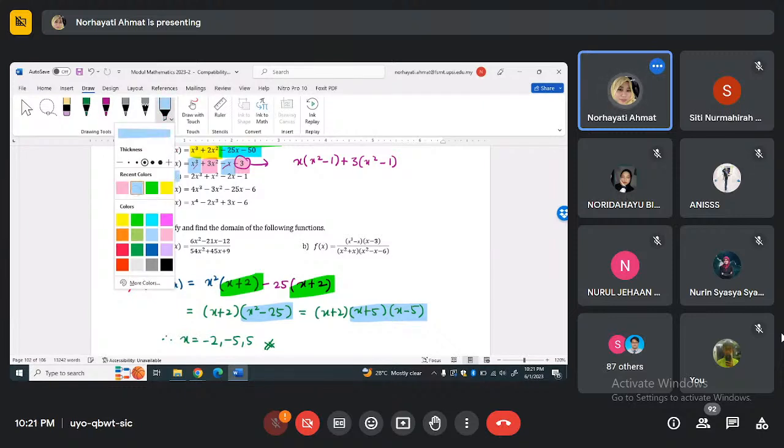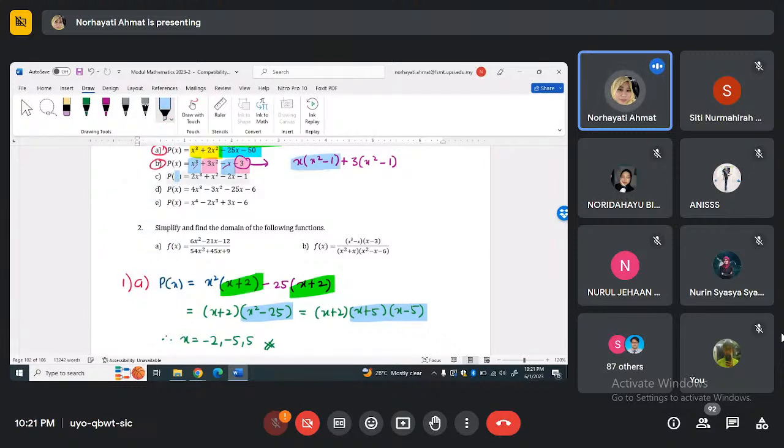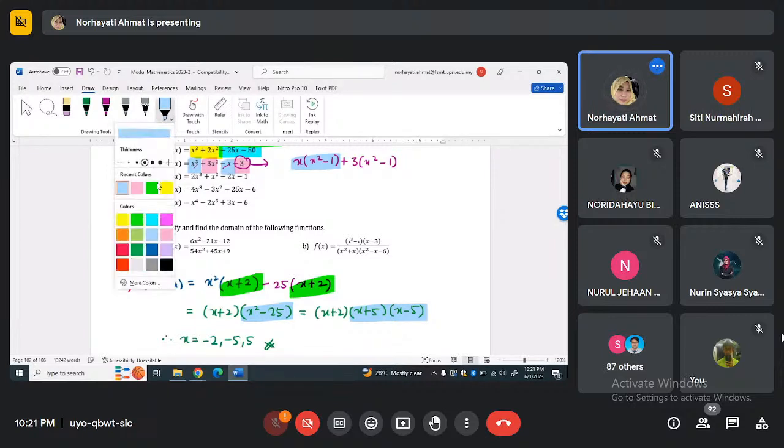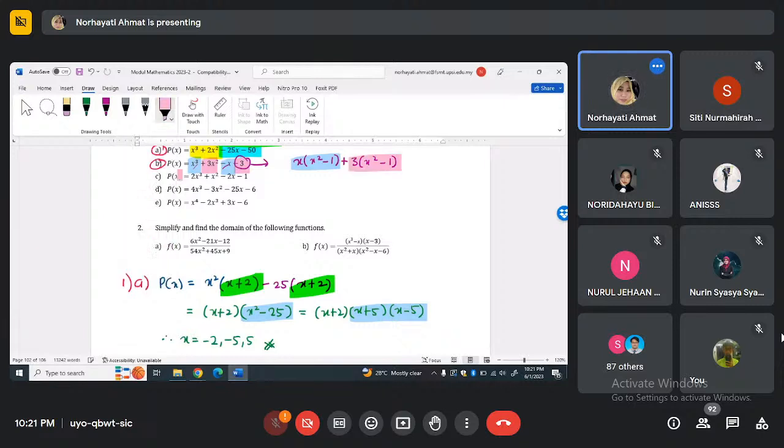Okay, this one yang warna blue, x cube minus x. Okay, and for the pink one is this one. Factorize 3, so in bracket we have x square minus 1. So now kita nampak yang sama kan? X square minus 1. X square minus 1. So equals to x square minus 1.